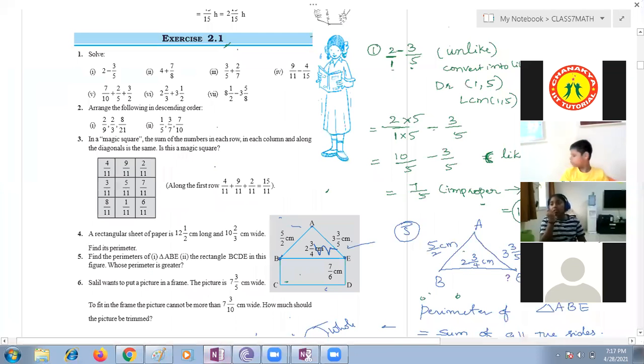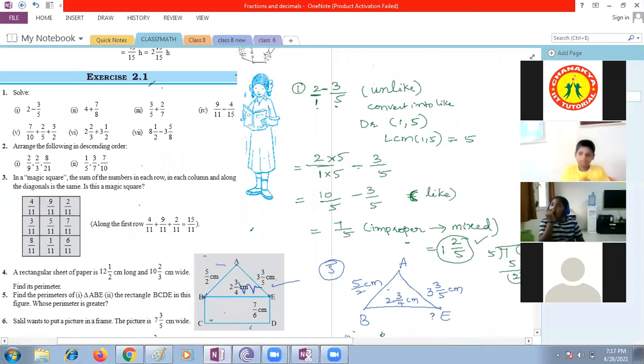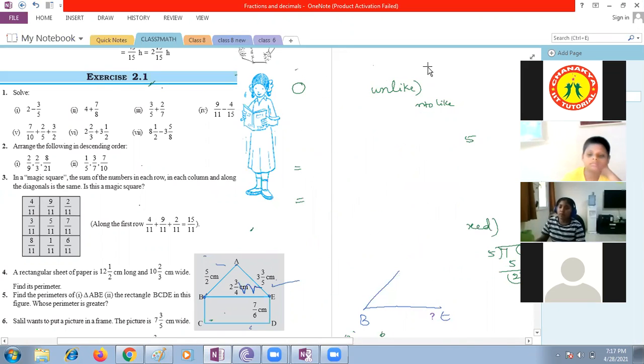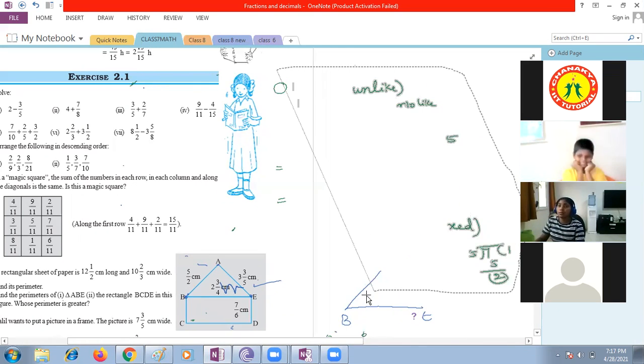Or else I will clear this part and I can do it here only. Yes, Shubhu. Please mute yourself. Someone is unmuting the mic. Raghav, your mic.